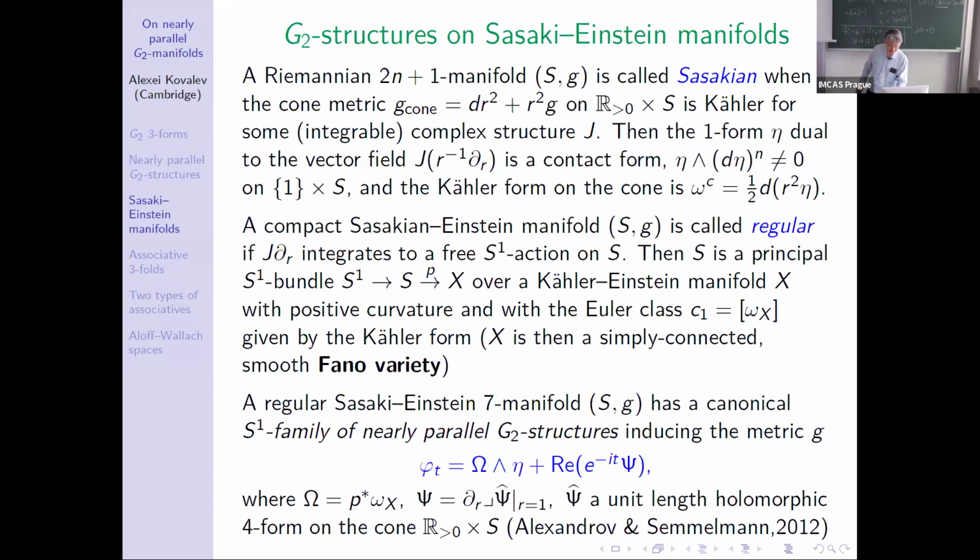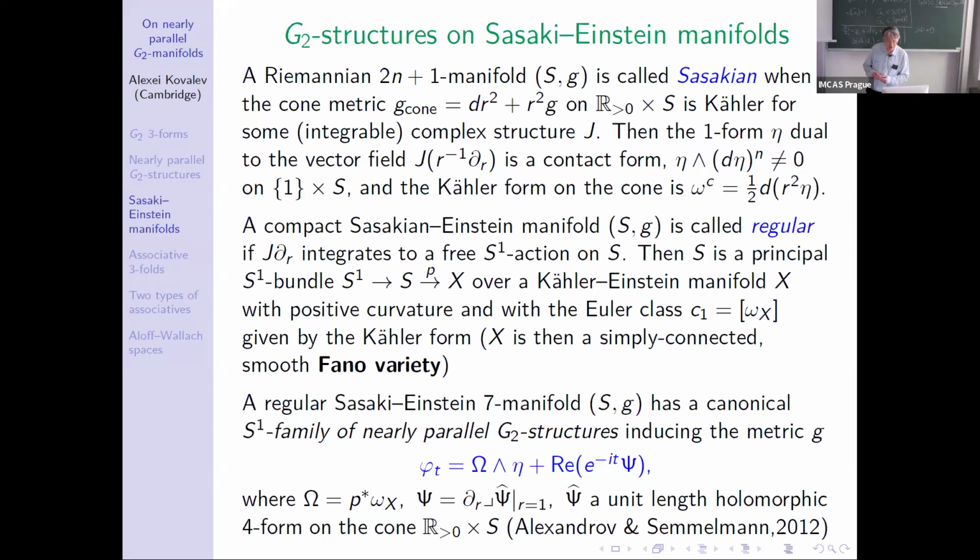Okay, what does it all have to do with G2 geometry? So if now n is 3, so the dimension of S is 7, then there is a result due to Alexandrov and Semmelmann that one can write down a family of nearly parallel G2 structures which induce this given metric g. So that's the formula in blue.